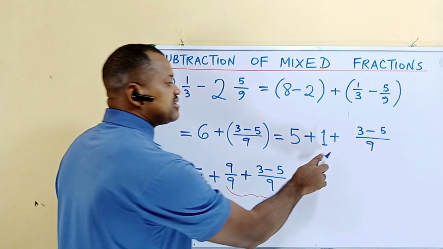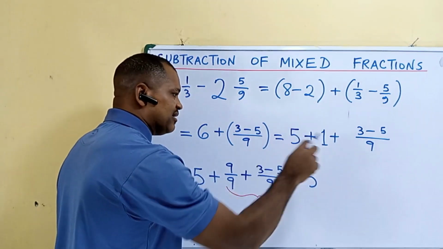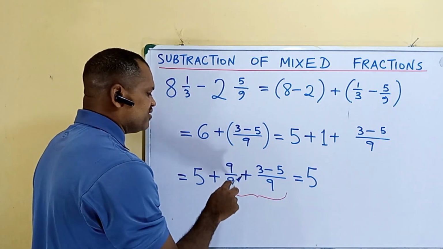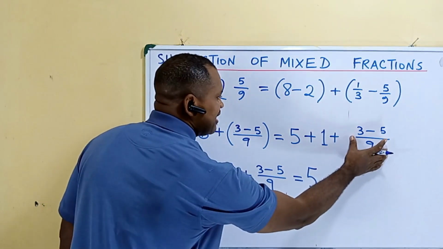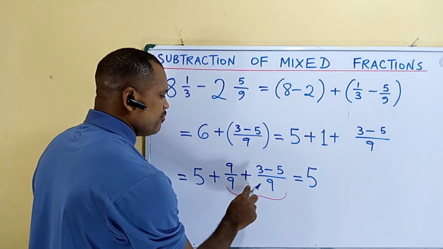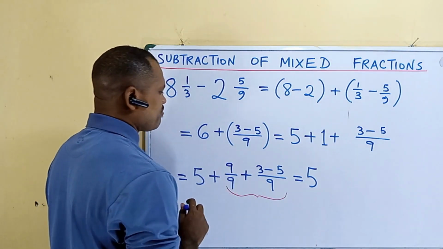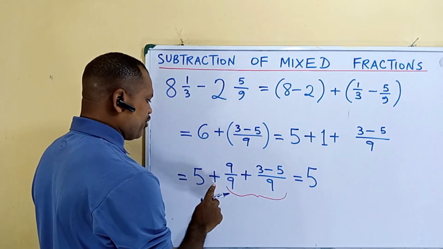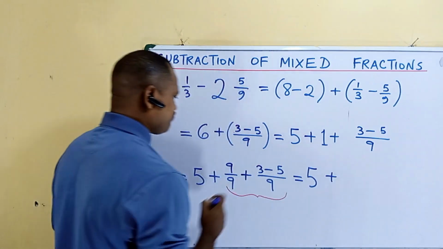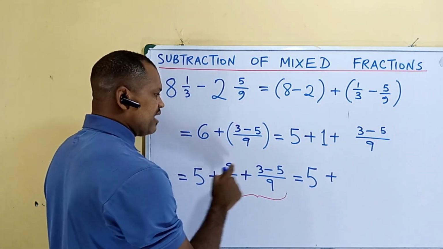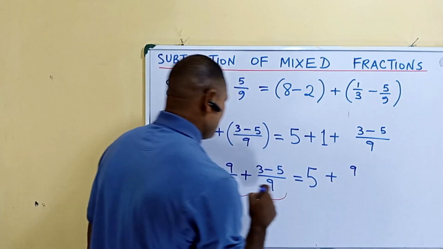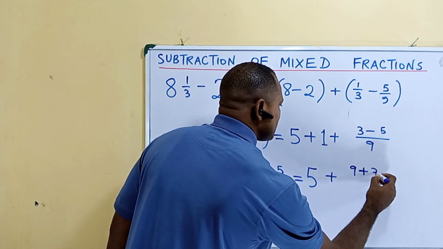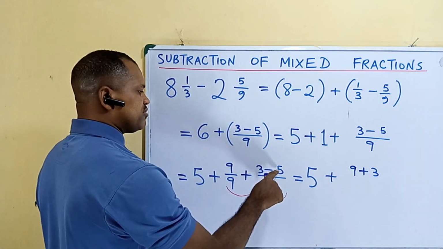That is why we changed this 1 to 9 over 9, so that it will have the same denominator as this side. So what you will do now, pay attention. This numerator 9, write it here, plus this 3 minus this 5.